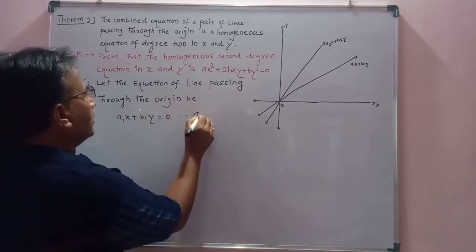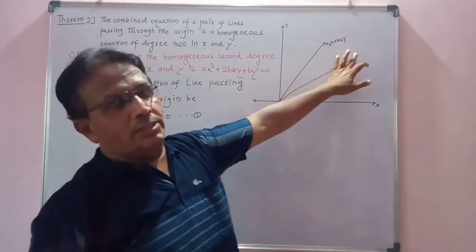This is the equation first. The line first is passing through the origin.